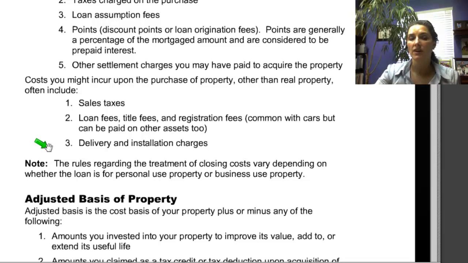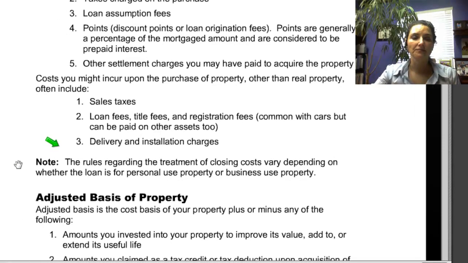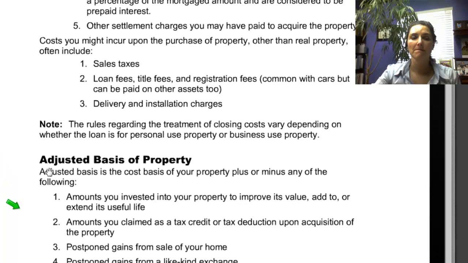Now, if you purchase that asset for your house, odds are you're never going to have to worry about selling it or reporting a gain or a loss on it. But if you purchase a refrigerator for use in your business, the cost of delivery and installation is going to be very relevant. You're going to want to know what those are because they add to your cost in that asset. Note that the rules regarding the treatment of closing costs vary depending on whether the loan is for personal use property or business use property.